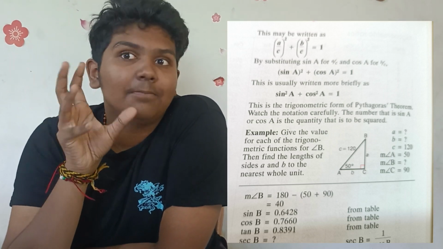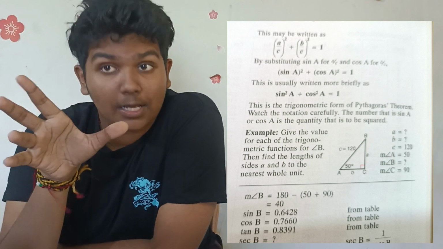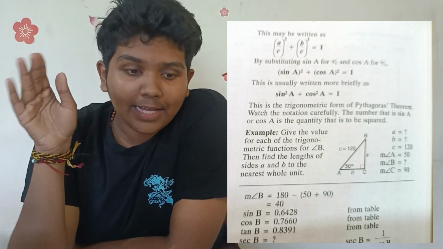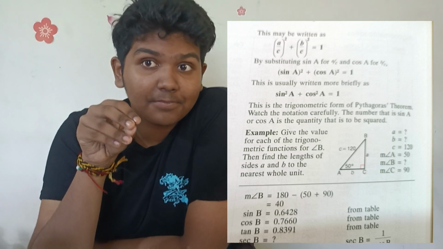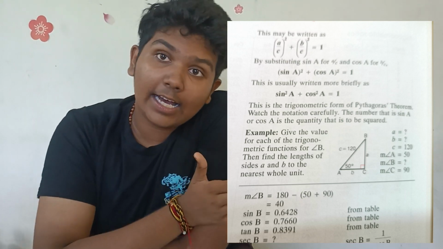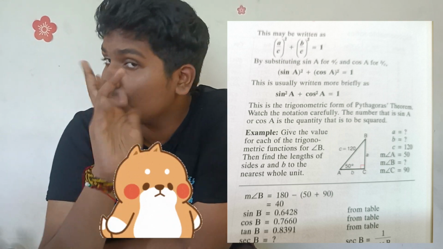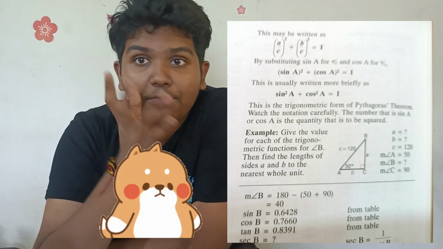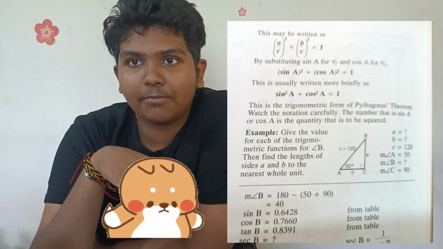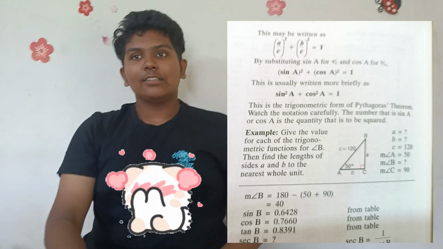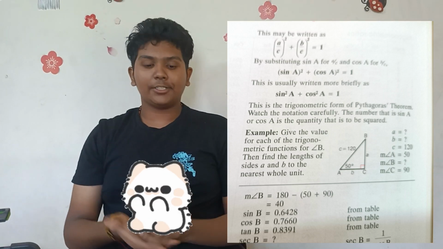It's the sum. They asked you to prove that the sum of these ratios is equal to 1. So this sum, we've proved it, right? Sine square A plus cos square A is equal to 1. So we finally found their secret relationship between these two.